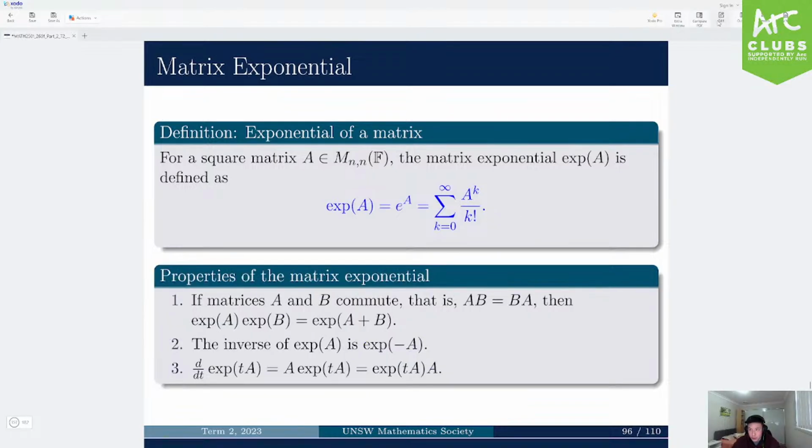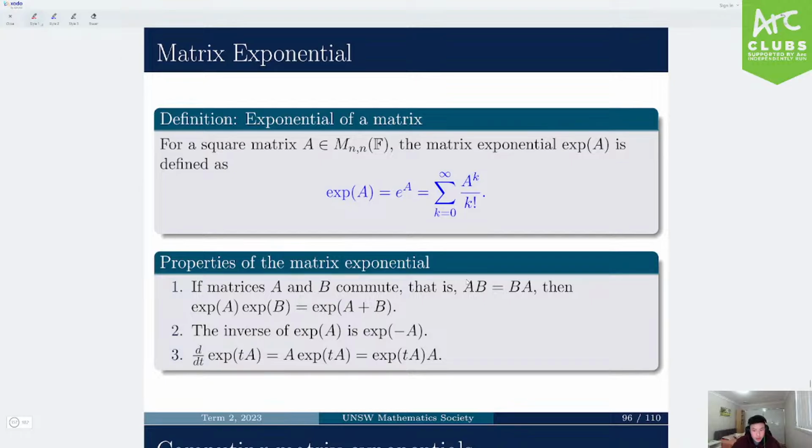A couple of useful properties. If A and B commute, so that is if AB is equal to BA, then we can actually write exp of A plus B is exp of A times exp of B. That's pretty intuitive.